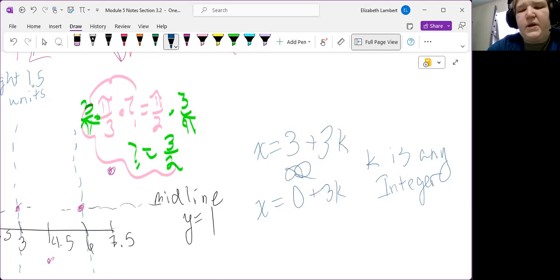A really lazy way to write that is k with this little element symbol and then, because I'm tired of writing the word integer, the symbol is this kind of bolded Z. I'm only pointing it out in case you see the notation in some of the YouTube videos. That's just another way to say the same thing.